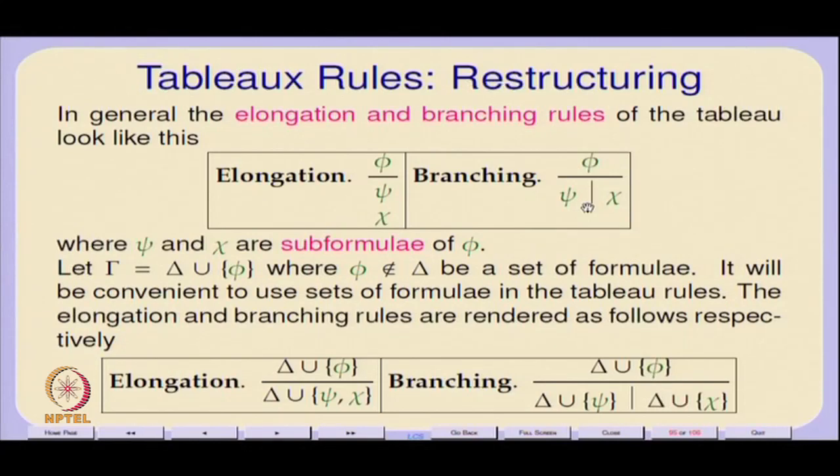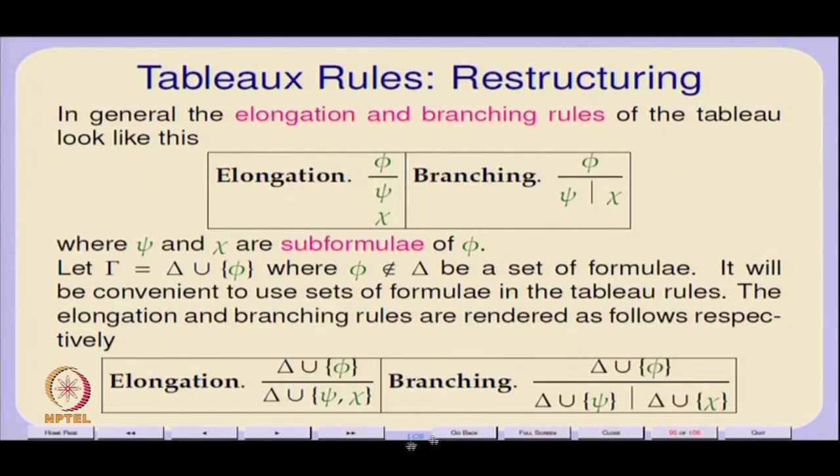I mean, the two parts on either side of the vertical line were not allowed to interact. There was no influence between them. Once a branching was done, essentially they went their independent way. They probably branched further, but this was like a barrier between two parts of the tableau, right.